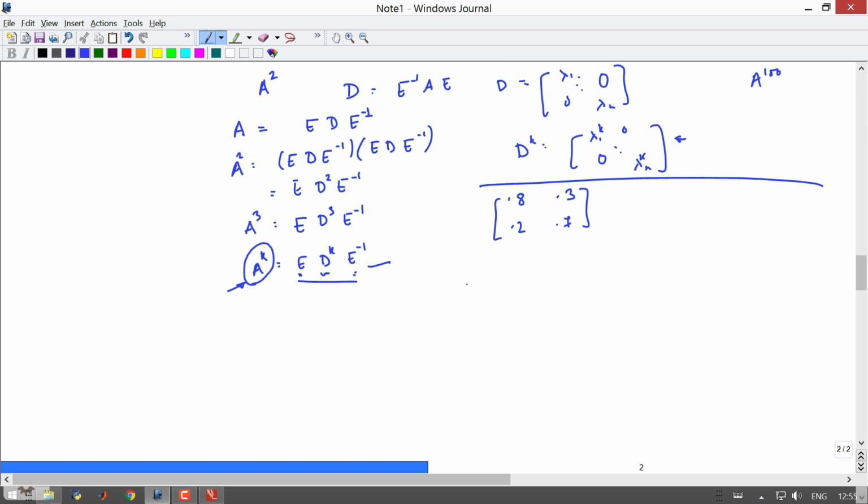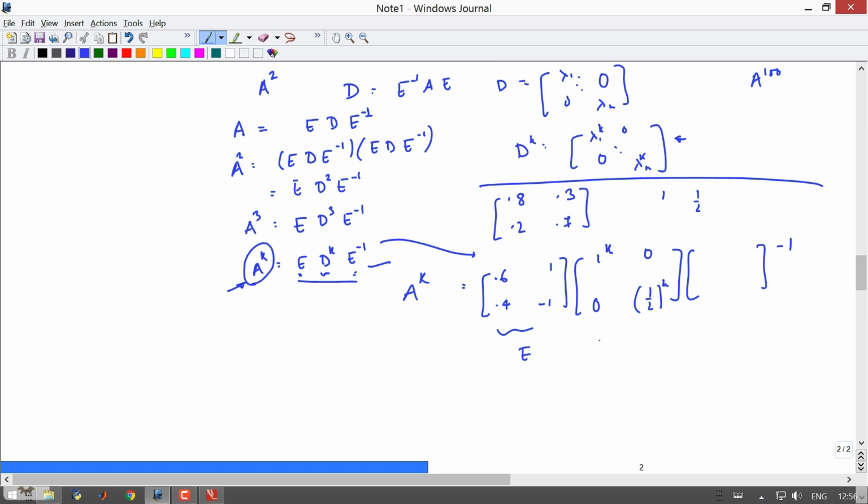This had eigenvectors of the form 0.6, 0.4, 1, minus 1, with eigenvalues 1 and 1 by 2. So here I will have E inverse A power k E, whatever is here, this will be 1, this will be 0, and this will be 1 by 2 power k, and similarly with the inverse element here. This will be my A matrix raised to the power k, right? So this is just rewriting this here.